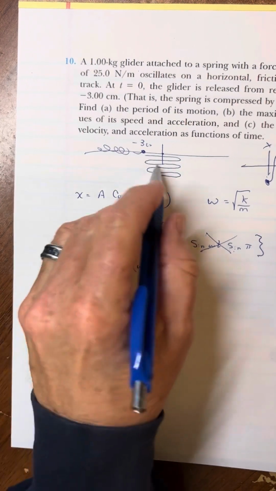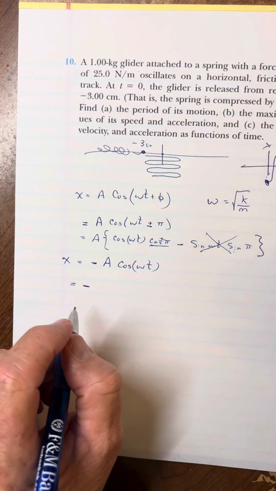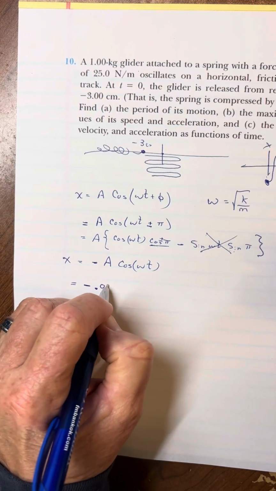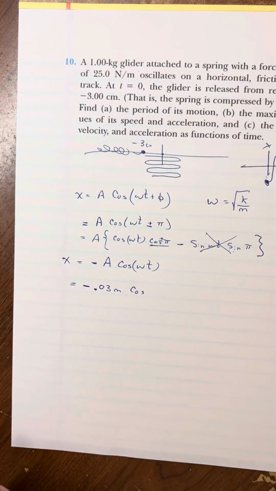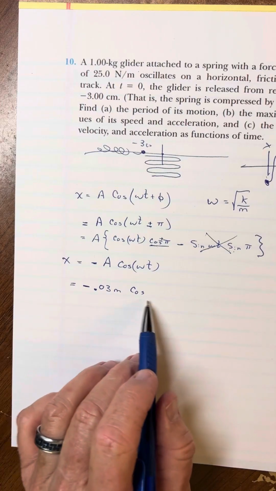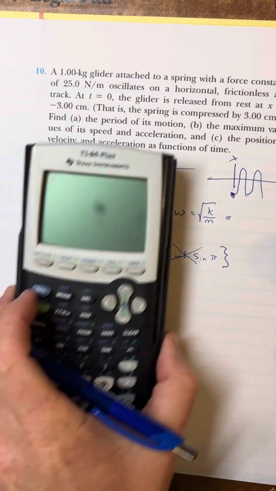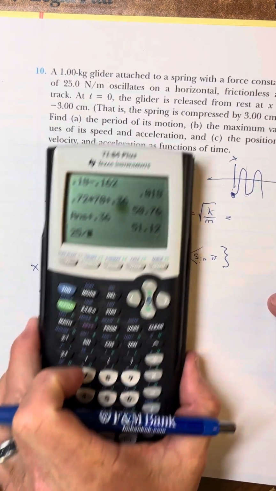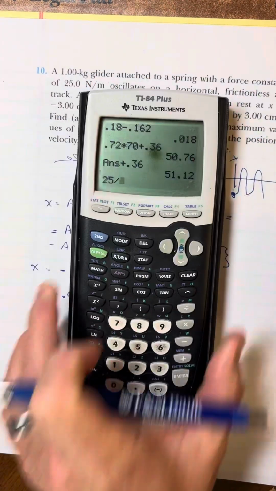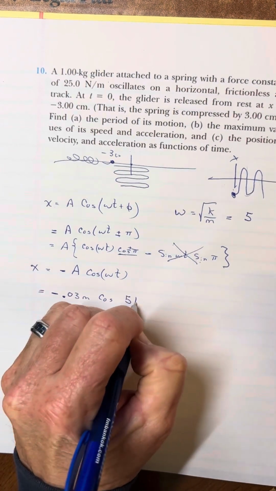And in this case, since we pull it 3 centimeters, and I'll write that as 0.03 meters, then we have our amplitude, and the omega, which I guess I haven't calculated, the spring constant was the 25, and the mass is 1. Oh, and then the square root makes a nice even 5. So this is 5t.